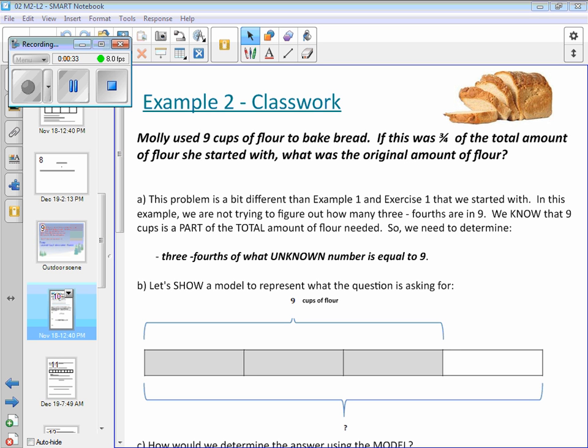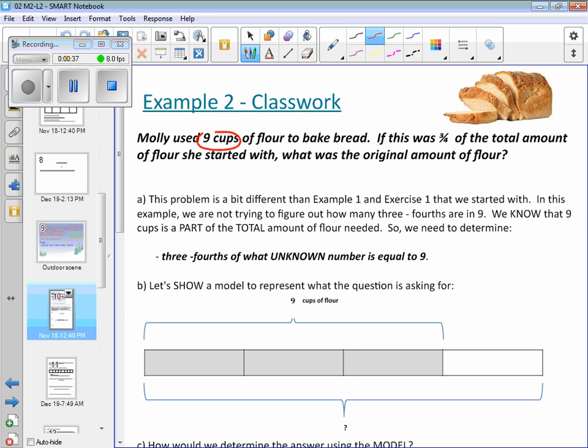Okay, so the key ideas here is we're definitely going to need to use this 9 somewhere, and our fraction 3/4. Now here's where this is different from what you did yesterday. We don't know what the whole amount is of the bread used. We just know that 3/4 requires 9 cups.